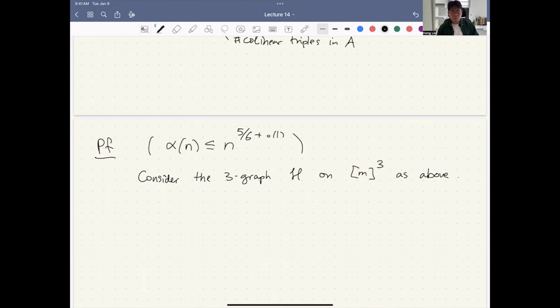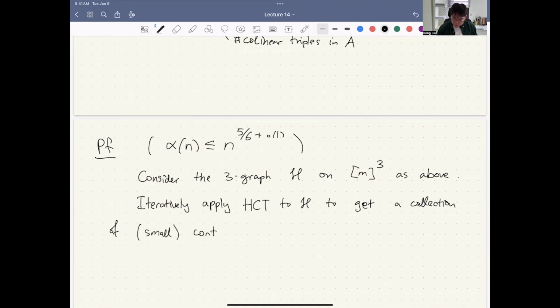This means we're going to iteratively obtain small containers for independent sets.